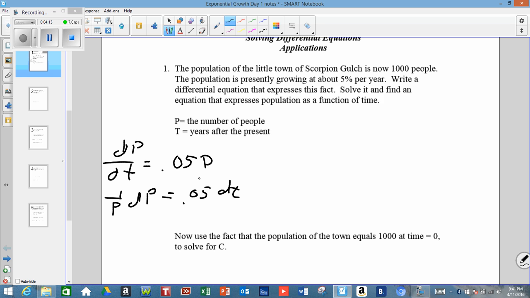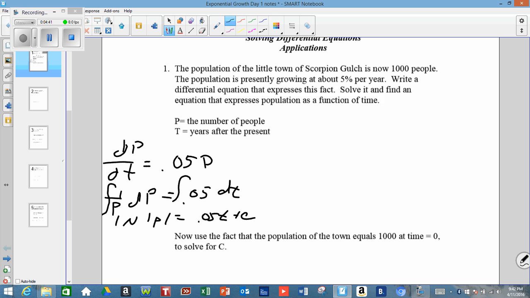And at this point, now, we can integrate both sides. This is our separable differential equation. Remember that the antiderivative of 1 over P is the natural log of the absolute value of P, equals 0.05t plus C.